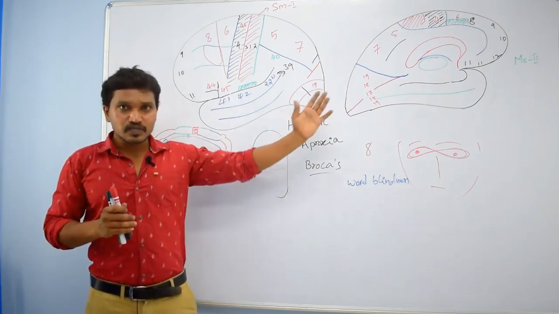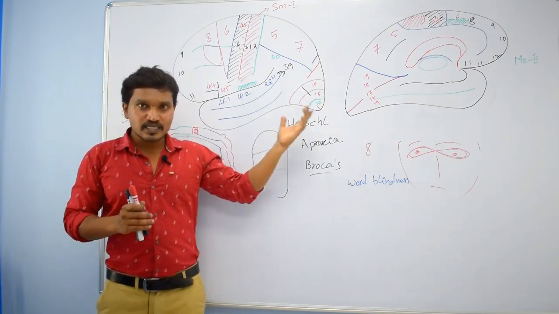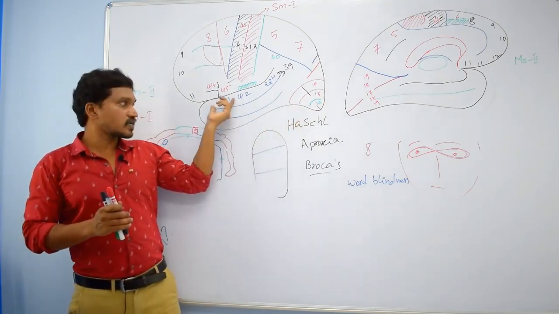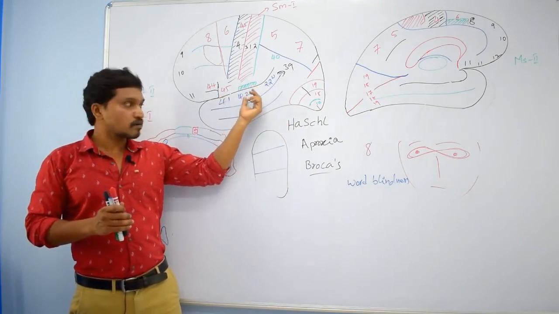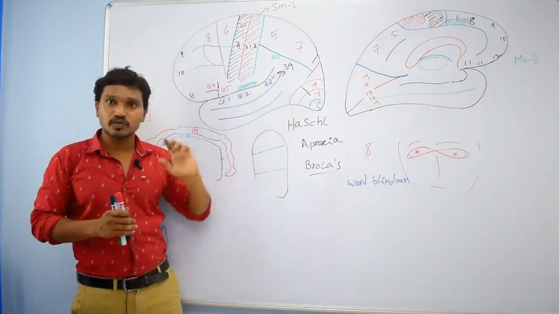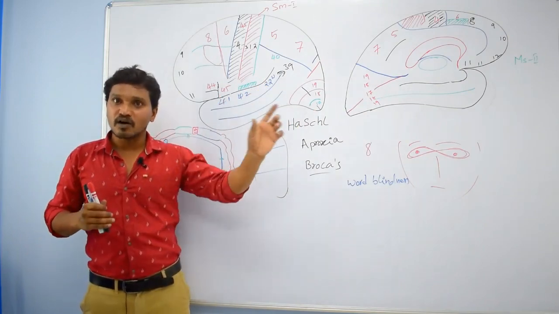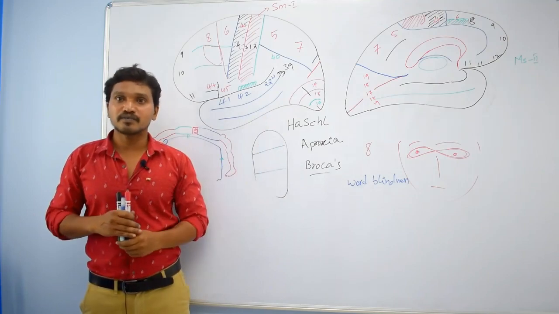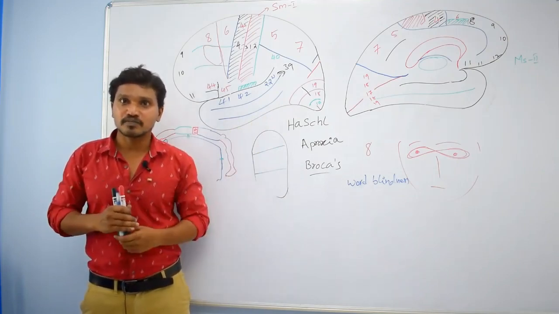If we get some sound from that road, that sound will be received by area number 41, then interpreted by 42 and 22, and recognized as to whether it is a sound from some vehicle or from some mobile, like music.